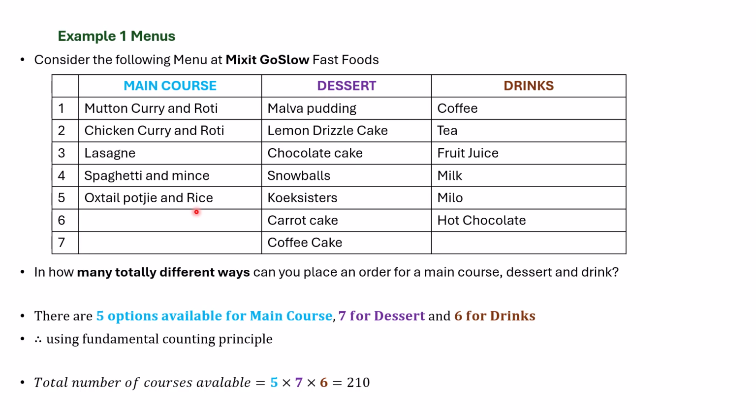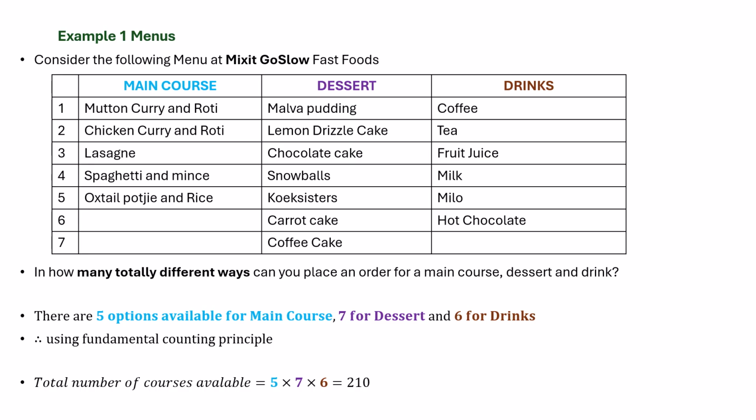So instead of matching them the whole time, in short, we use the fundamental counting principle and we just multiply out all the options available to me, and I have 210 courses available in total. So I hope you follow.